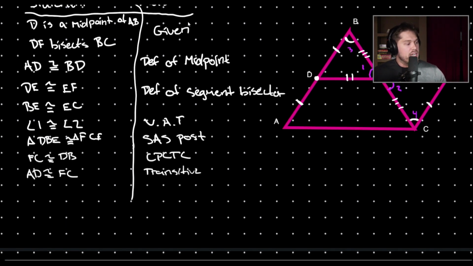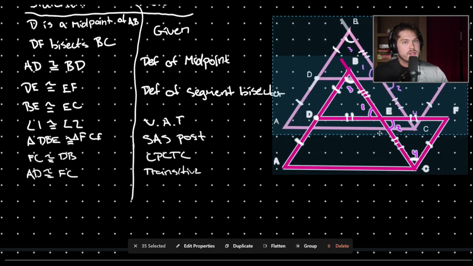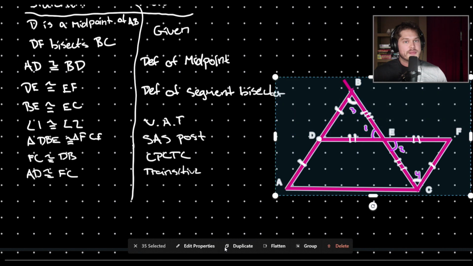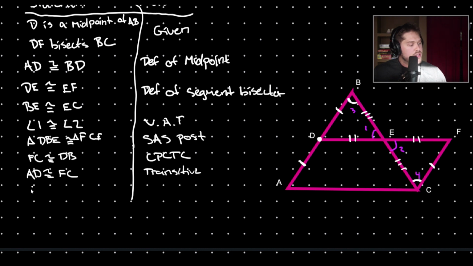Let me again lasso my shape so we have everything in one place. Scroll it down so y'all can see. Okay. So we know that angle 3 is congruent to angle 4. Again, by corresponding parts of corresponding triangles are congruent.